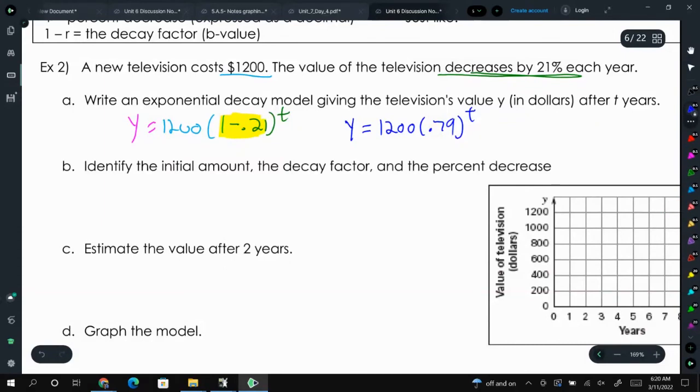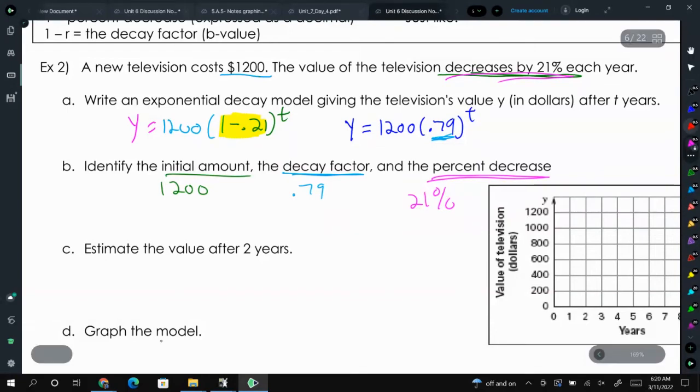Well, we already did that. The initial amount was $1,200. The decay factor, it went down by 0.79. That was right here. And the percent decrease, that came from the problem itself.